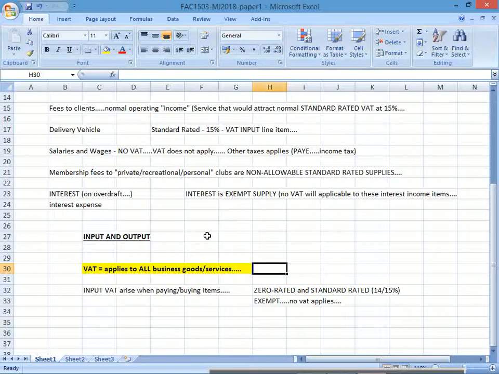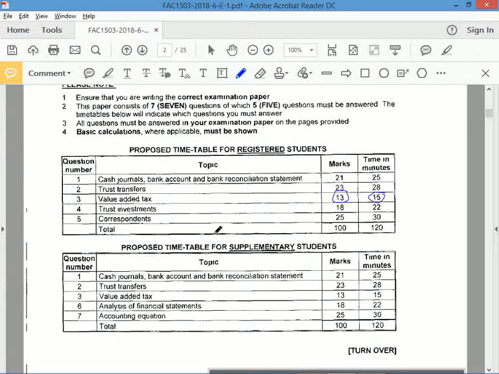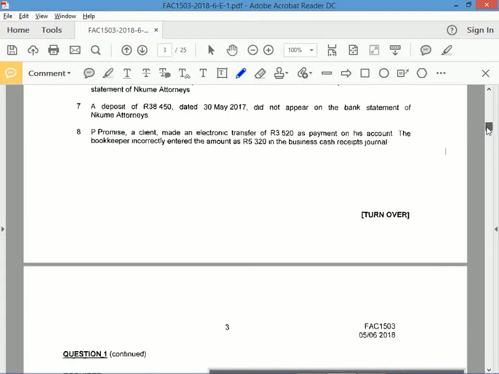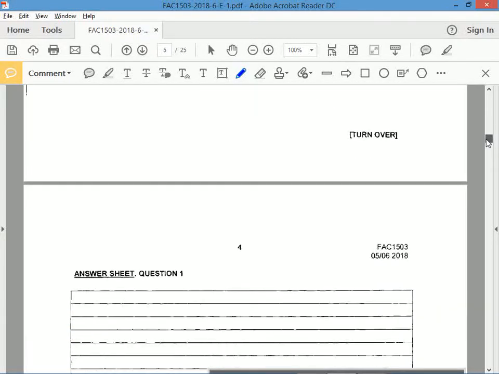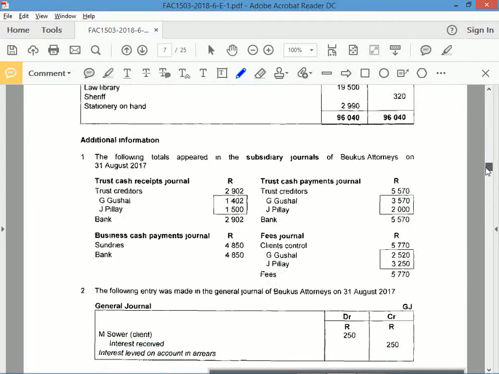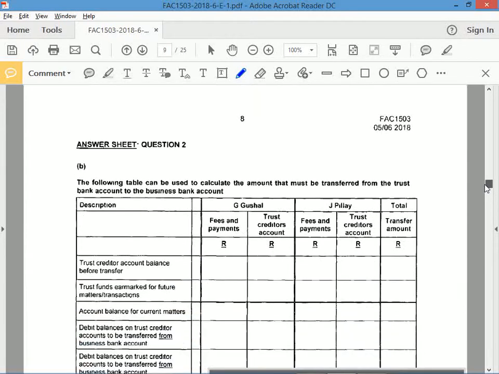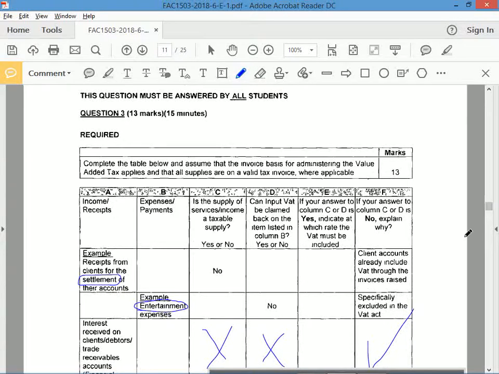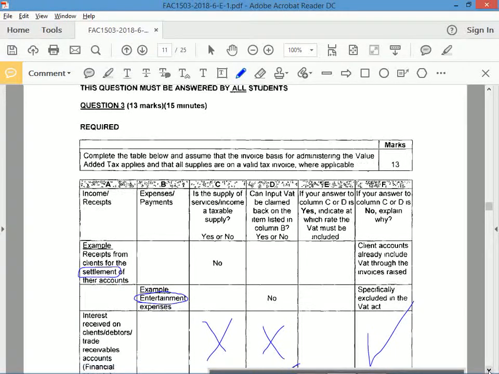Are they a sole proprietor? Yeah, the sports club is the key. But you have to be a registered VAT vendor.